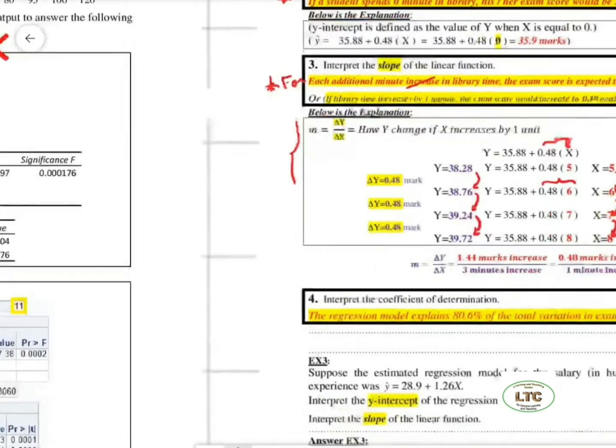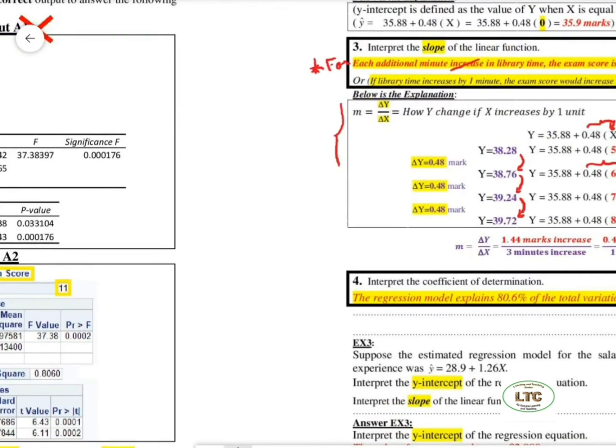Interpretation of R square. Later you will know what R square is. For the time being, just note R square is SSR divided by SST.